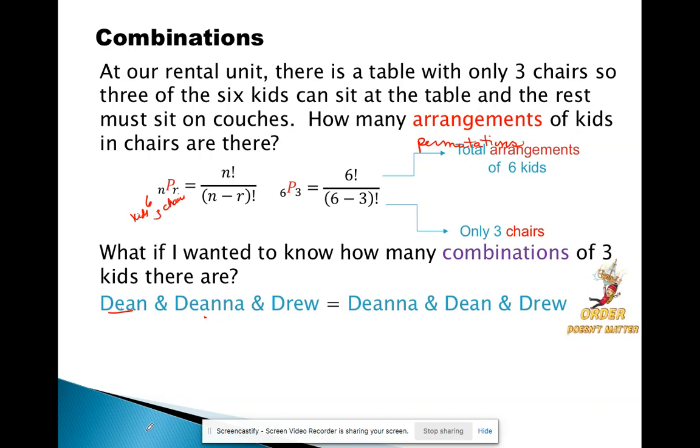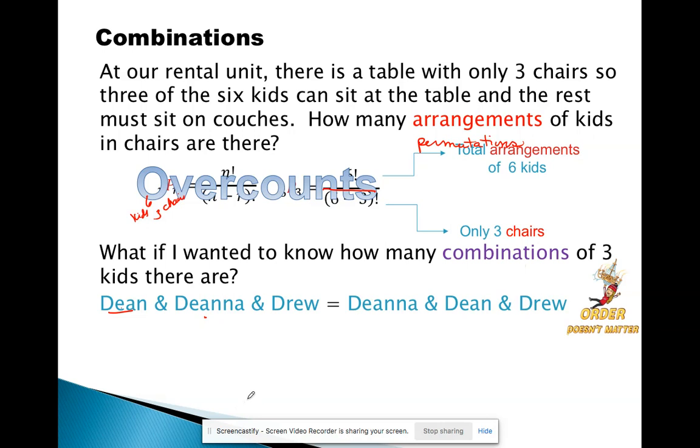Order doesn't matter. Woohoo! If I don't care about the order, this formula gives me too many. It overcounts. It only divides out the groups.